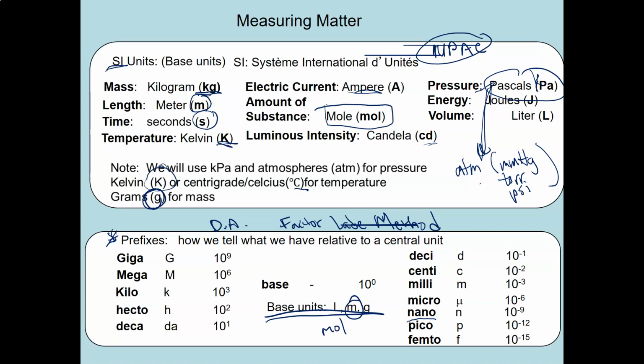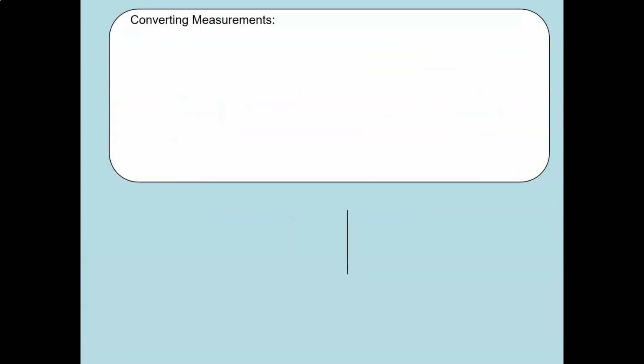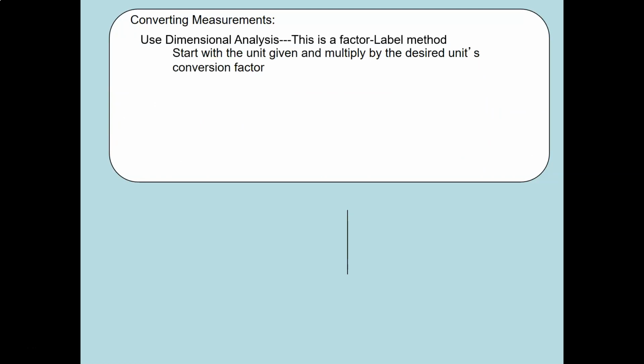So it's very important to be able to do either dimensional analysis, DA, or FLM, factor label method. When you use dimensional analysis, you start with something that's given and multiply it by the conversion unit. You have to remember what's your base.